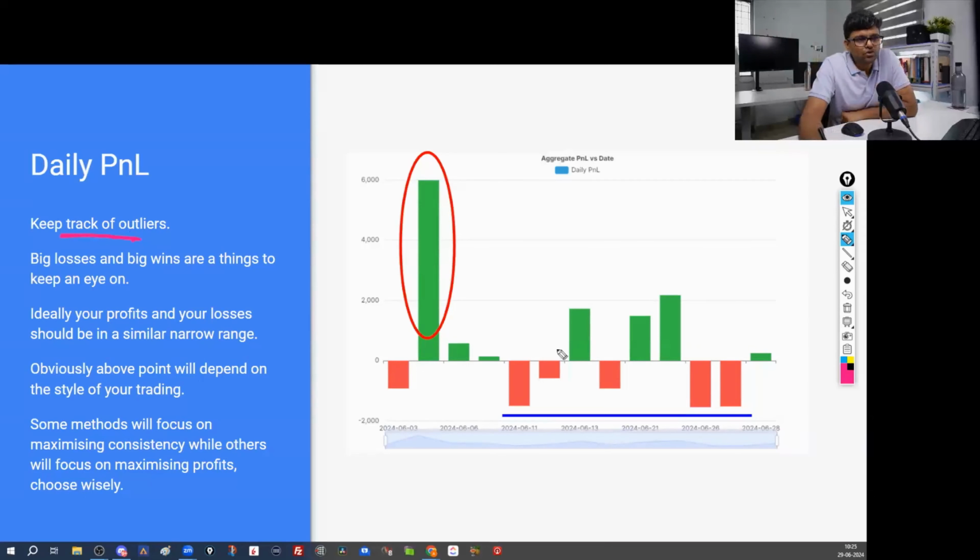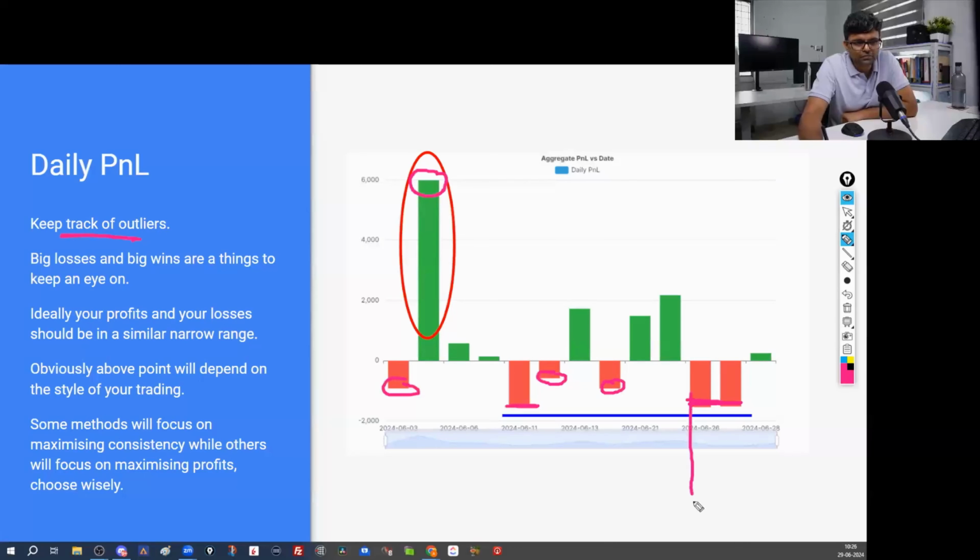Now, if you look at my actual results, you will see that there is one outlier, one big profit. And when it comes to losses, you will see that my losses are consistent in terms of the amount I lose. Either it is a lesser amount that I'm losing or the max amount, which is consistent.